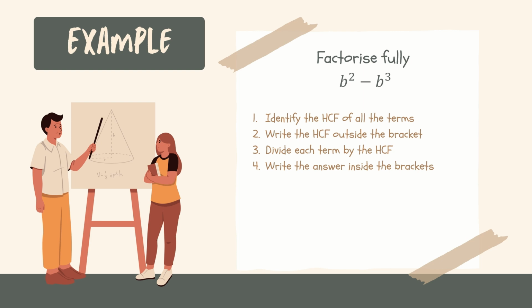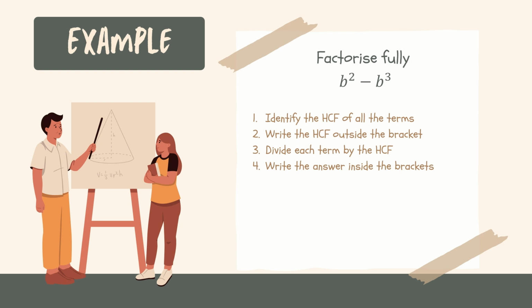So for the question b squared minus b cubed, we can see the highest common factor of them is b squared. So we take out the b squared and divide the first term, b squared, by the HCF, which is b squared. So b squared divided by b squared, we've got 1.